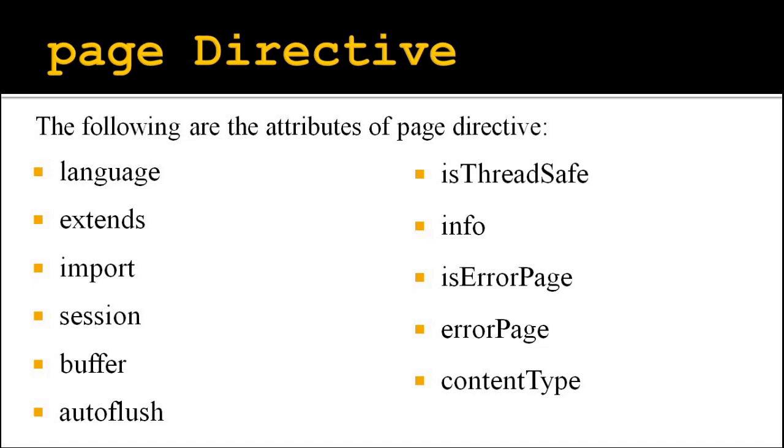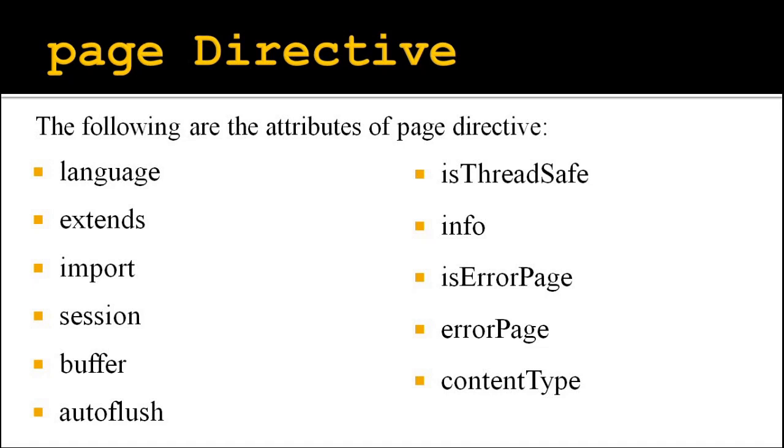Coming to the ninth attribute, errorPage, which specifies the URL of another JSP page that will be invoked to handle any uncaught exceptions. If you are not specifying any external JSP pages, in such cases you assign the value false.